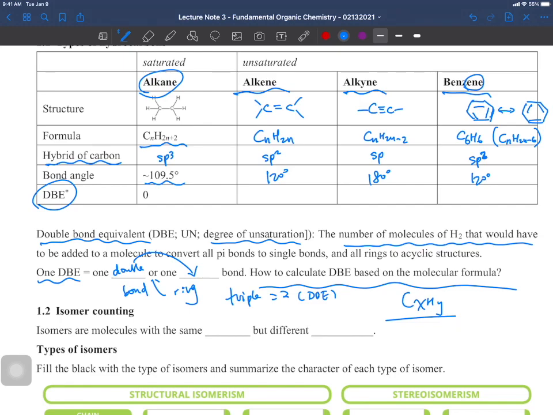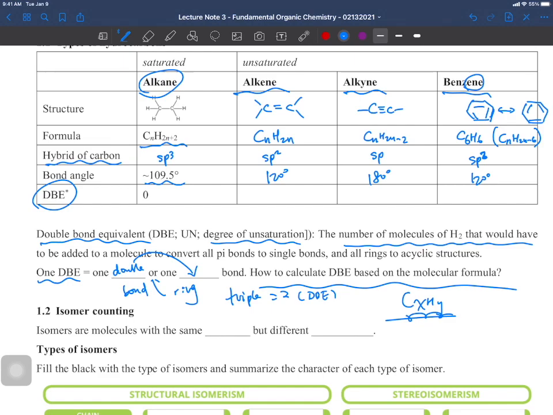Okay. But if we only have the molecular formula, how can we know what kind of bonds are in the structure? And for the DBE calculation, actually, we do not care about what kind of bonds are there. We just want to know how many hydrogens are missing. And then based on the DBE, we can further analyze what kind of bonds are possibly in the structure, right?